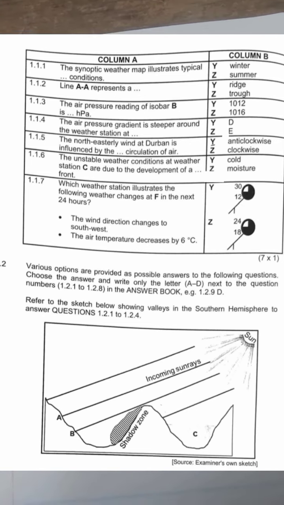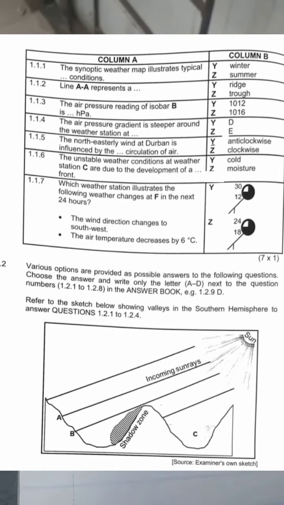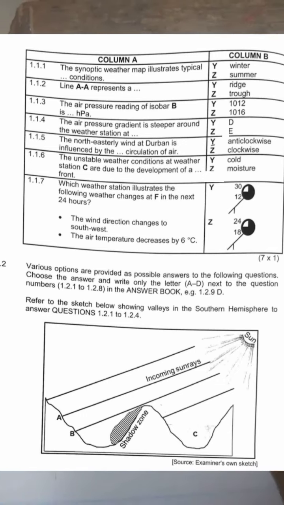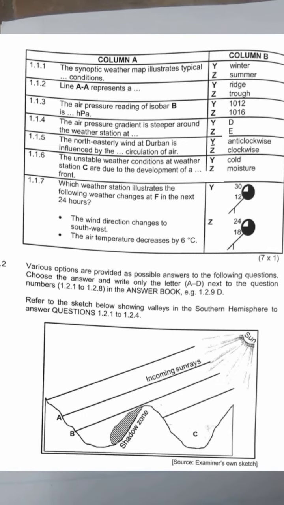So it's the first concept, which is aspect. Aspect is looking at what angle the sun's rays strike the surface. That is your slope aspect.